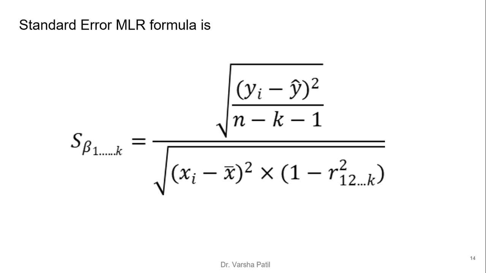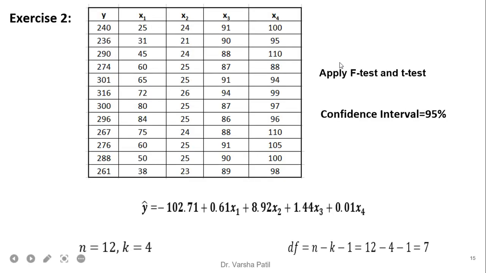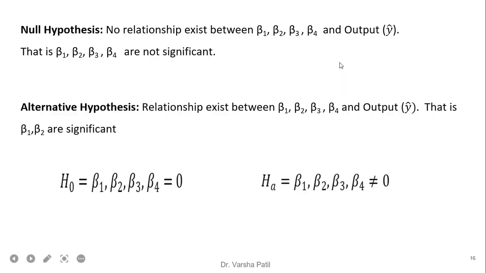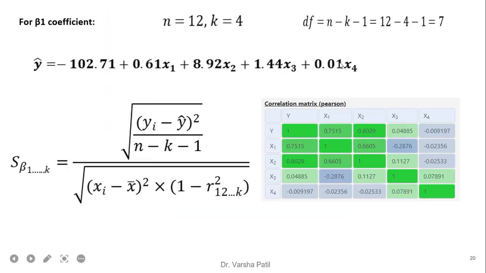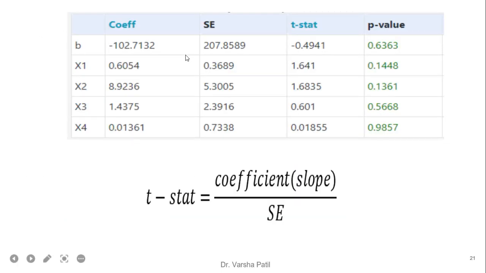So in most exercises you will see that when multiple independent variables are there, we are not doing the calculation, because the calculation is very tedious. We get just a table like this, and from this table we do the work. Based on such a table we apply the t-test.